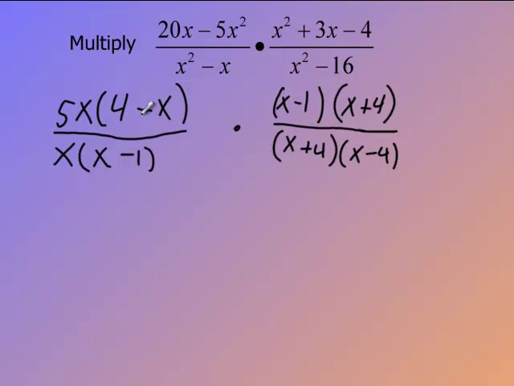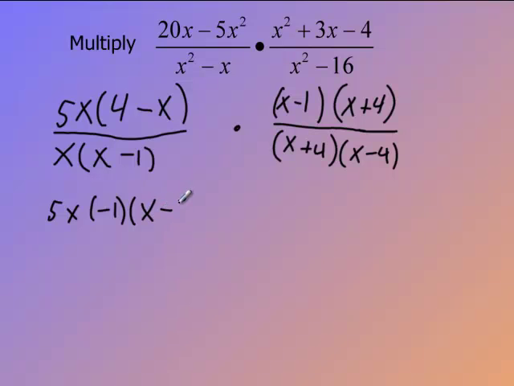Now, one of the weird things I have here is this 4 minus x. I'm leading with the 4 and not the x, and the x is negative. I want this to look like all the other binomials. The way we can handle this is to factor out a negative 1, which changes all the signs. So I can rewrite this as 5x times negative 1, and now this becomes negative 4 and positive x.